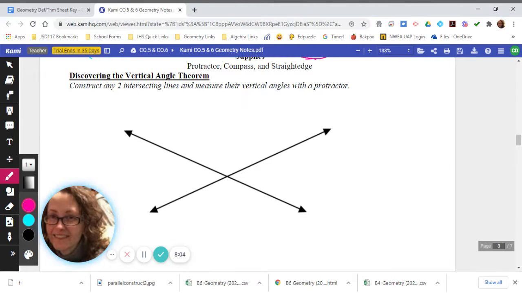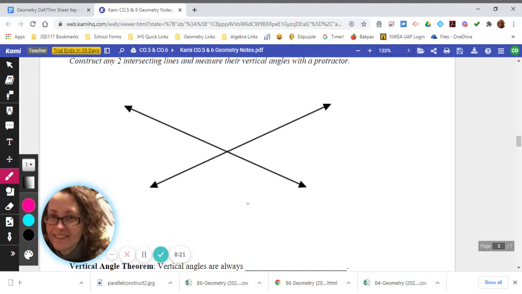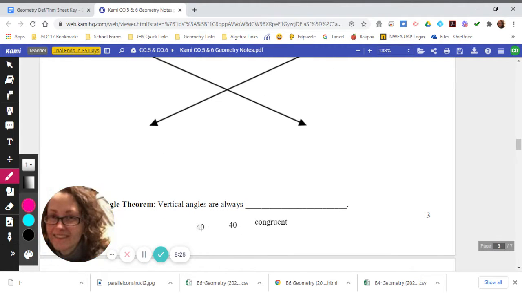So construct any two intersecting lines and measure their vertical angles with a protractor. So here I have a couple of intersecting lines, and you can just use a straight edge to create those. And I want to measure their vertical angles with a protractor. So I went ahead and did that on my own examples, not necessarily the one that I have here.